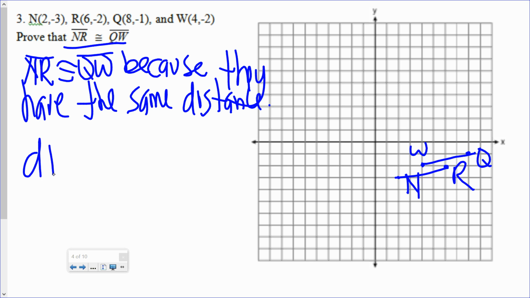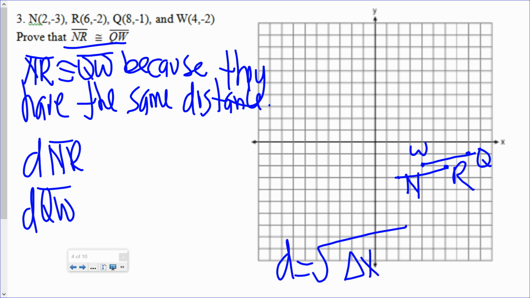I'm going to find the distance of NR. I'm going to find the distance of QW. Distance equals radical delta x squared plus delta y squared. You do it. Pause. Find the distances for NR and QW, and then unpause.